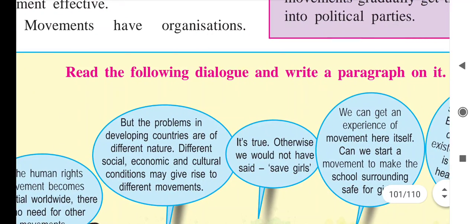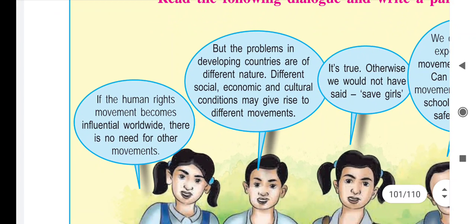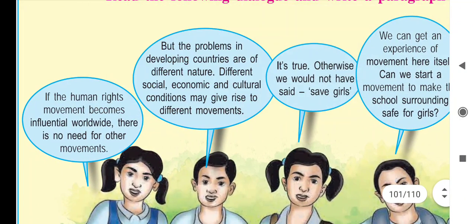So see what is said here. Read the following dialogue and write a paragraph on it. What are the dialogues? See, if the human rights movement becomes influential worldwide, there is no need for other movements. But the problems in developing countries are of a different nature.